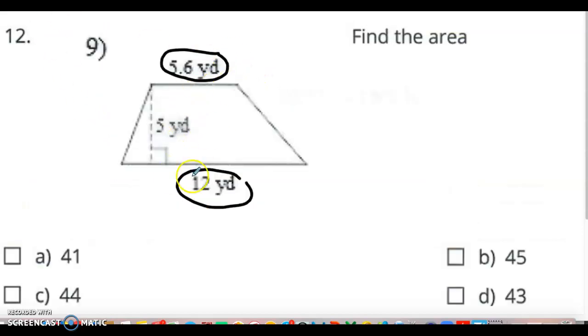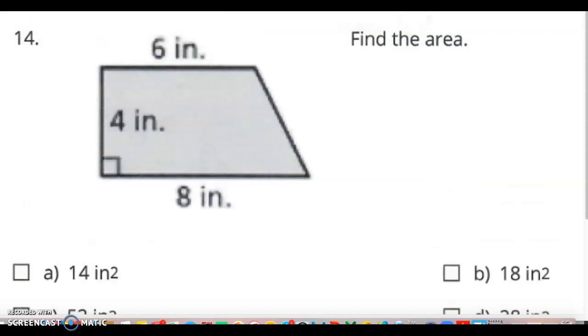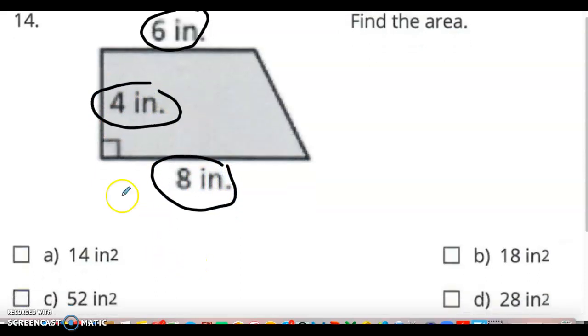This is a trapezoid, so you would add the bases times the height, divide by 2. The same thing for this one. Add the bases, times it by the height. Make sure you divide by 2. Pick the correct answer.